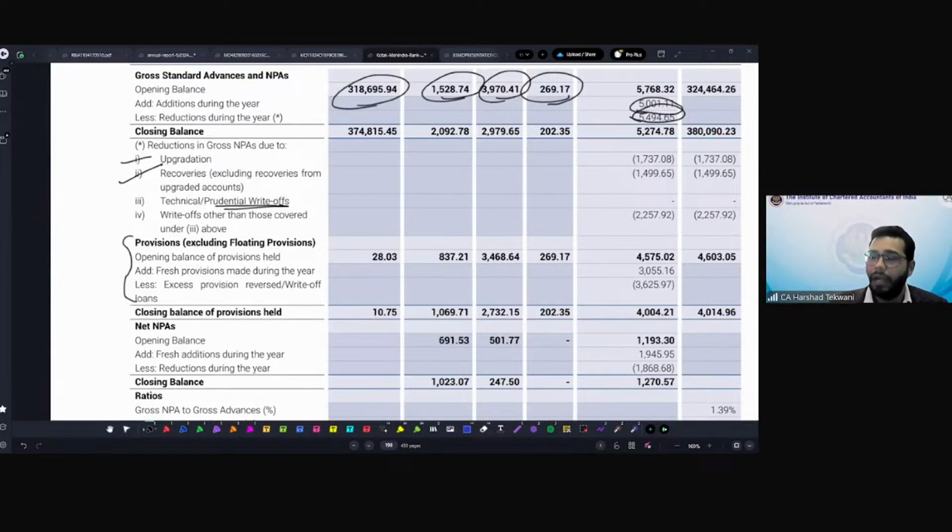In the market we usually hear the term write-off, but in actuality write-offs are very few. What we actually do is transfer the asset; banks sell the asset to these companies. So this is how it actually works on the ground.